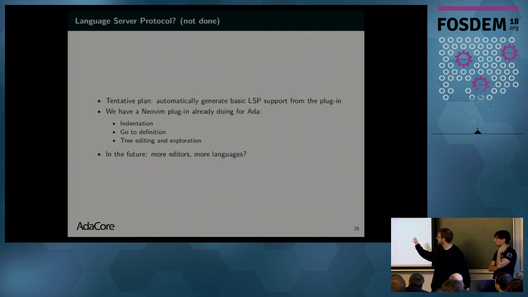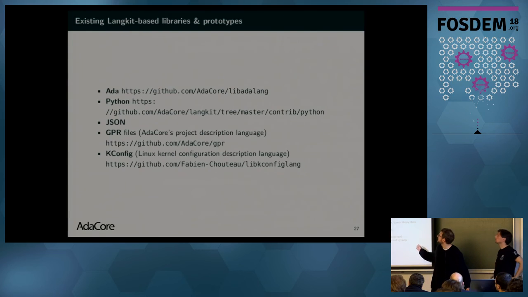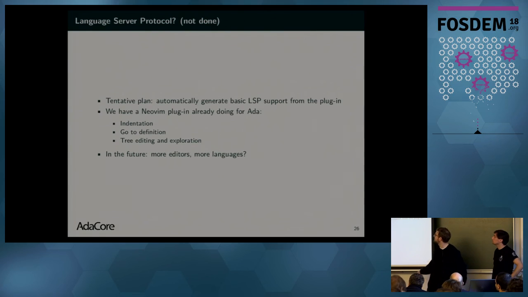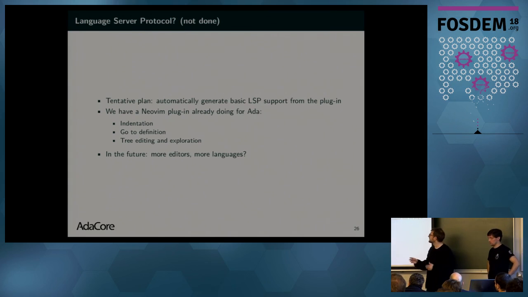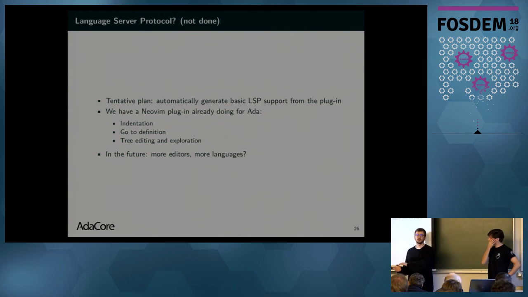So for the moment, this is not done at all. It's just a dream. But we have a prototype for it, which is just a NeoVim plugin, and that already does quite a lot of stuff like indentation, go-to definition for Ada, and it does a subset of that for Python too, because we have a Python frontend.